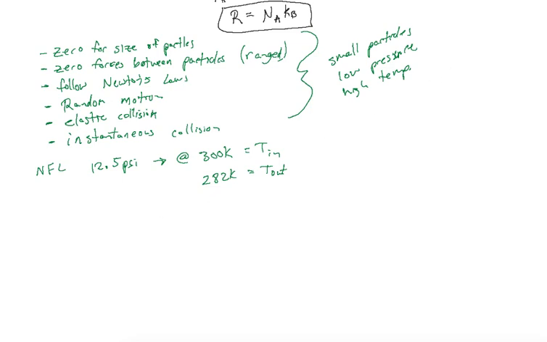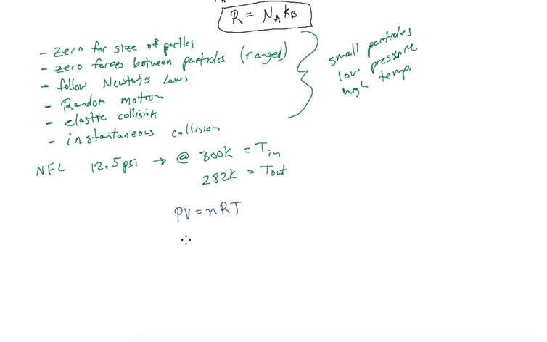So this is a little quick example we'll do of the ideal gas law. We're going to start with PV equals nRT. In this case, the volume is going to stay constant because the size of the football isn't really going to change. So what we're going to do is try to put everything that changes on one side. The temperature changes, the pressure is going to change, and the volume, n, and R are not going to change. There's not going to be any leaking air, so that'll stay the same.